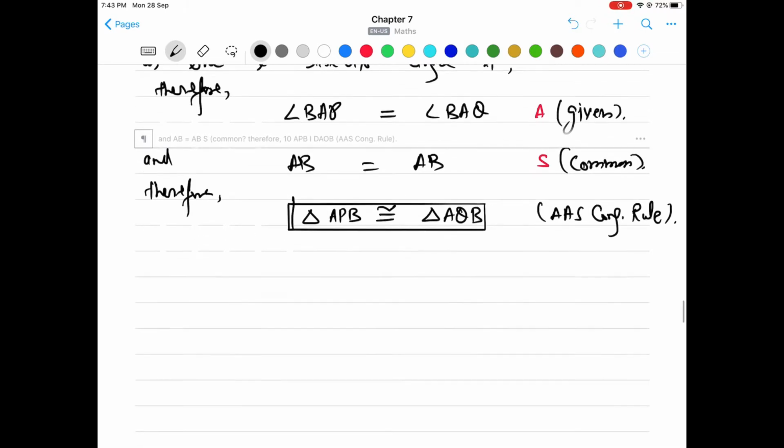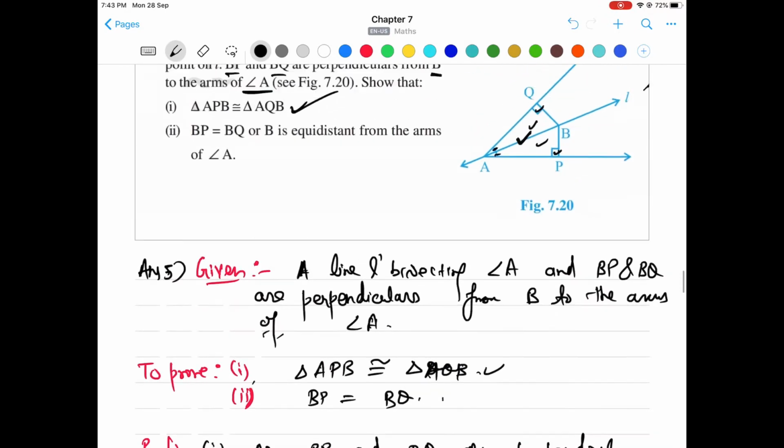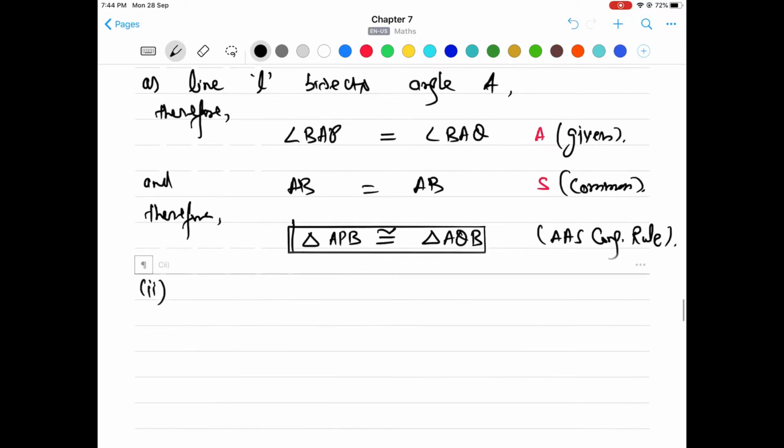Okay, now come to the second one. Second, we have to prove that these two sides BP and BQ are equal. Since we have proved that the triangles are congruent, the corresponding parts will be equal.